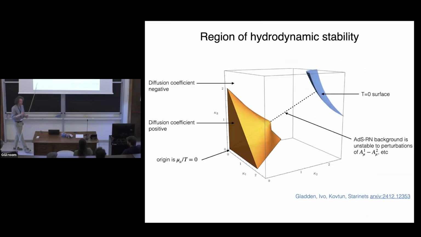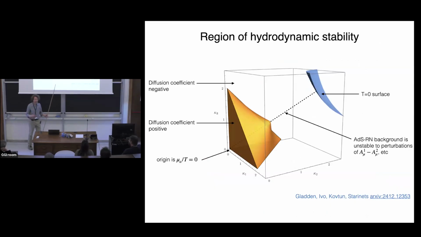If you look at the picture of the region of hydrodynamic stability, it's the same picture that you saw before, but I changed the title from thermodynamic stability to hydrodynamic stability. Along this dotted line, you see that the Reissner-Nordström background is unstable to perturbations of A1 minus A2, and so all the difference perturbations.